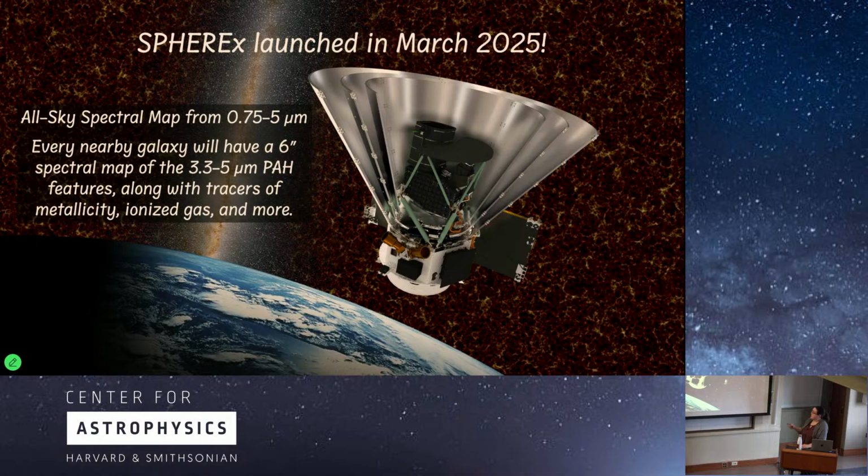And because of the amazing data soon to be coming from SPHEREx, which launched in March 2025, in theory we are about to be able to make a spectral map of the 3.3, 3.4, maybe even 4.6 features for tons of the ISM in the Milky Way and almost every nearby galaxy, and we can stack everything together. The possibilities here are quite endless, so I'm very excited to see the first data from SPHEREx coming soon.